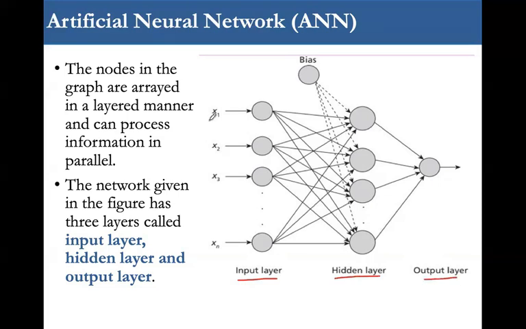When you consider the input layer, the inputs are x1, x2, x3, etc. to xn. The edges connecting the nodes from the input layer to the hidden layer are associated with weights called as connecting weights. For example, this node employs an activation function that determines the output of this particular neuron.